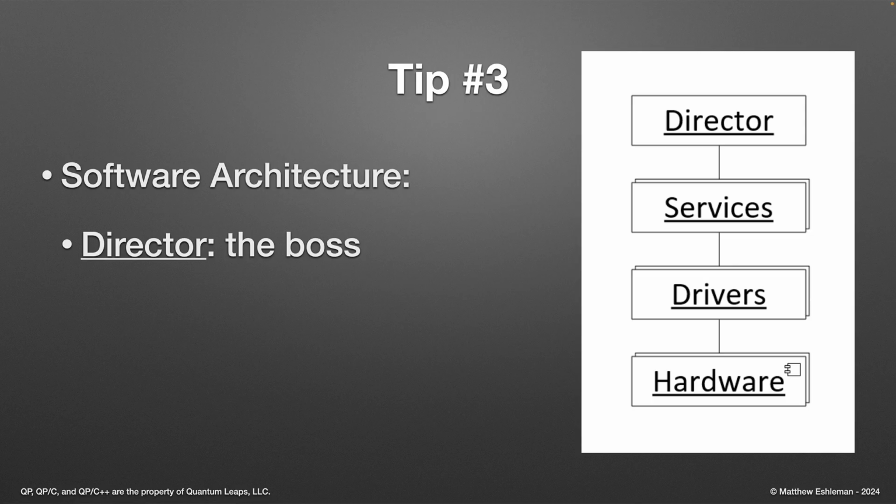So the states that we read in this director state machine should be almost one-to-one with chapters or sections in a user's guide for our product. This is the top level behavior. This is the boss. This is the active object that's in charge of our system overall.